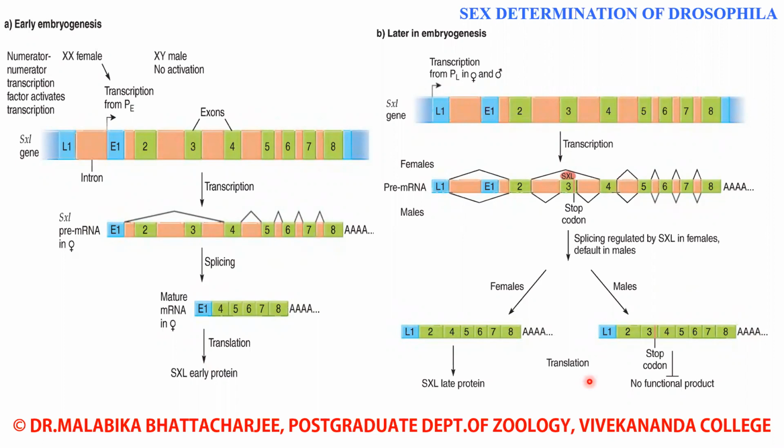So the take-home message from this slide is that in female, we have an early SXL protein and a late SXL protein. It starts from sisterless homodimers, early SXL protein, late SXL protein. In case of males, no sisterless homodimers, no early SXL protein, no late SXL protein. So this is the scenario that we have studied till now.